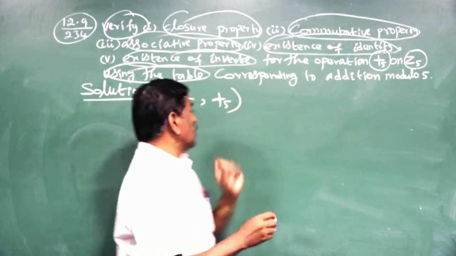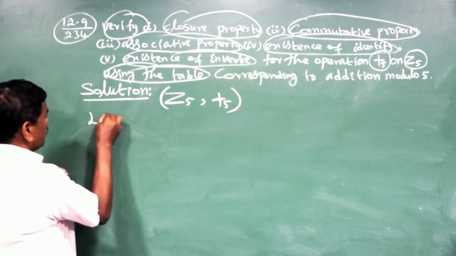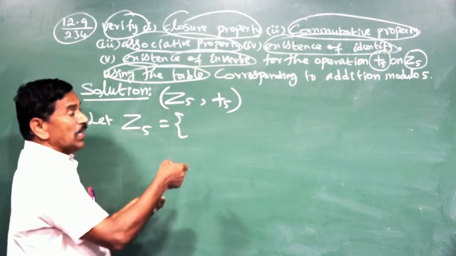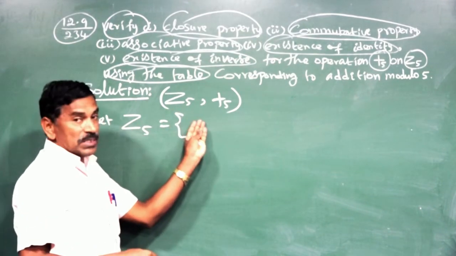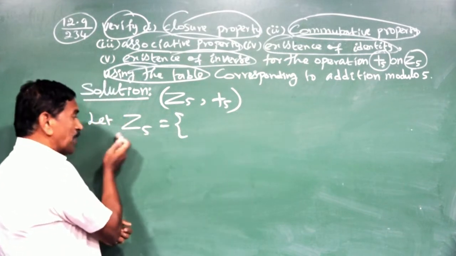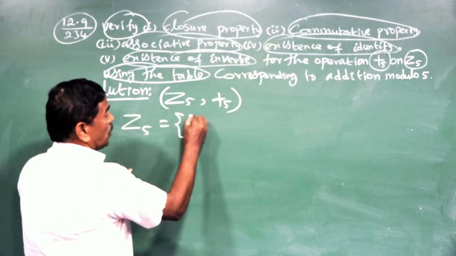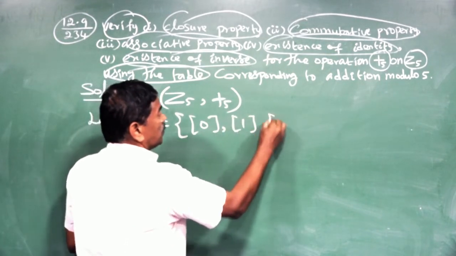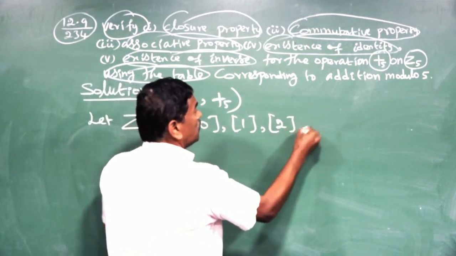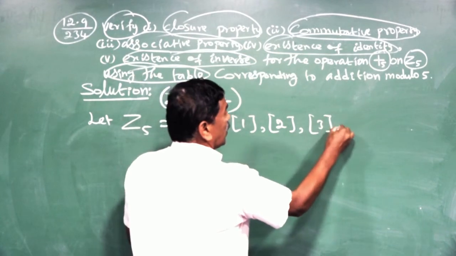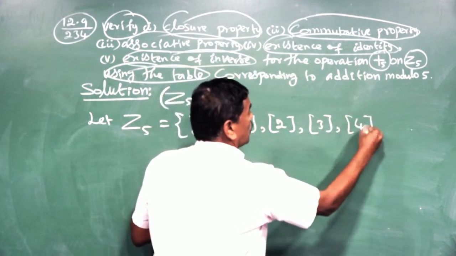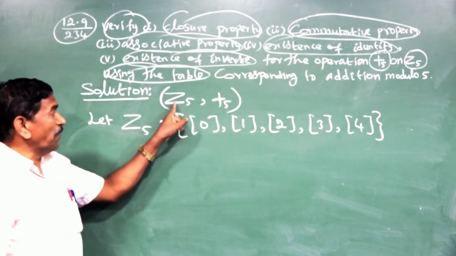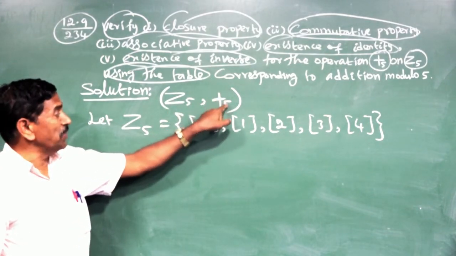Let Z5 be a set which has the elements starting with 0 and ends with the before element of the suffix. So Z5 is equal to 0, 1, 2, 3, 4. Okay, complete the bracket.